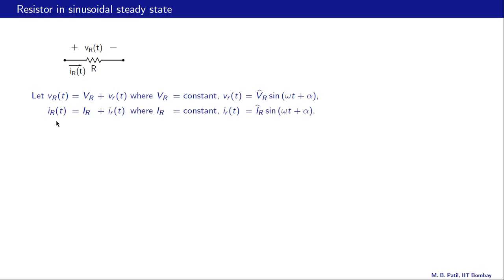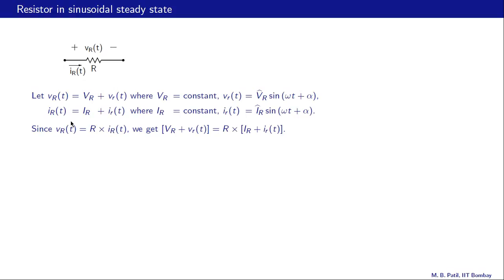Similarly, we have the current given by a constant plus a sinusoidally varying part, and we are considering the sinusoidal steady state in a circuit, and this resistor is a part of that circuit. And we know that for a resistor, the total instantaneous voltage is simply R times the total instantaneous current.